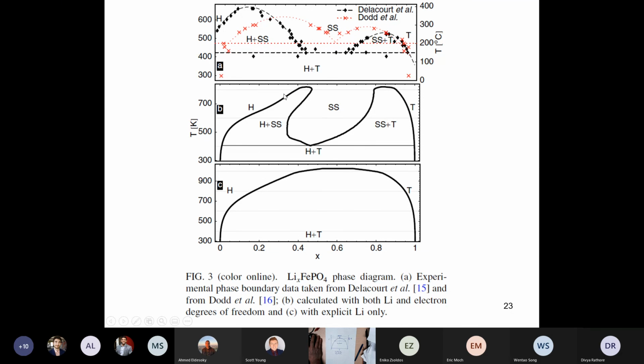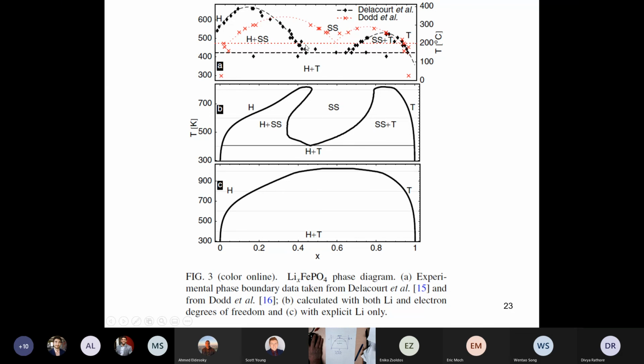And anyway, they end up with a more fancy model, getting a phase diagram that looks like this. Only below 400 Kelvin do you get phase separation into two phases. And if you did experiments at 500 Kelvin, you would see one two-phase region, and then a region where the lithiums are uniformly distributed everywhere randomly, and then another two-phase region.